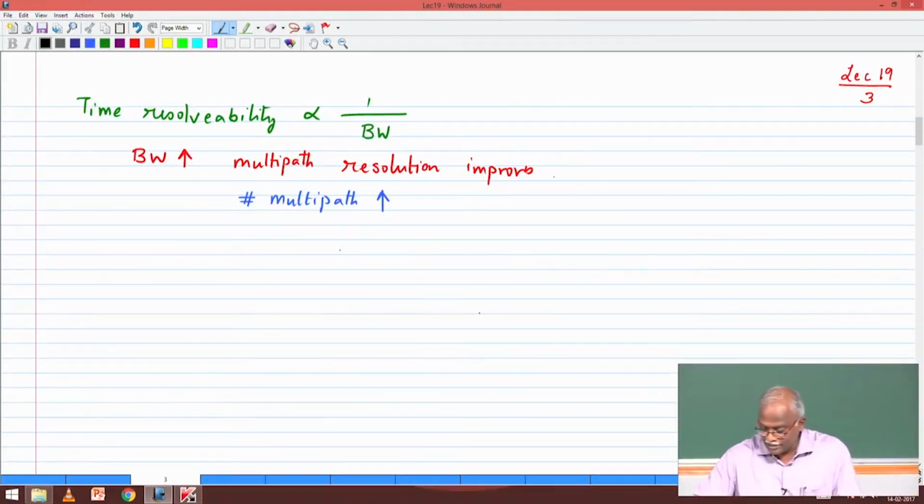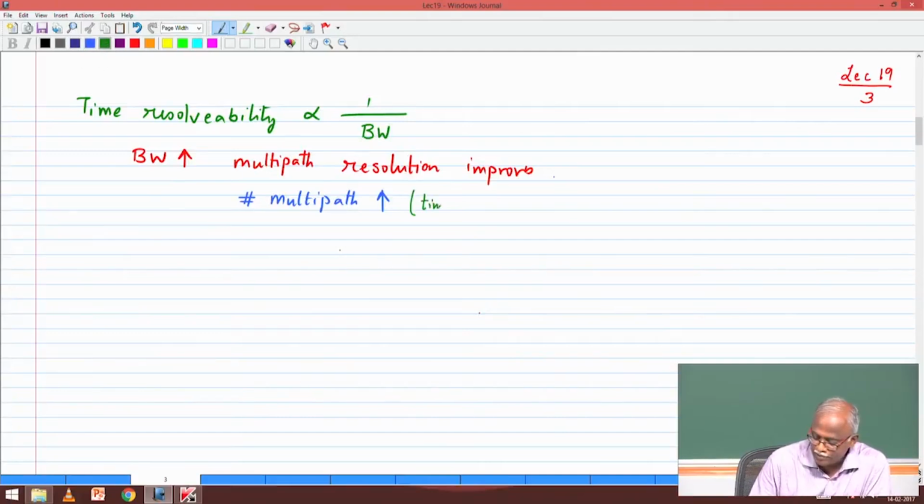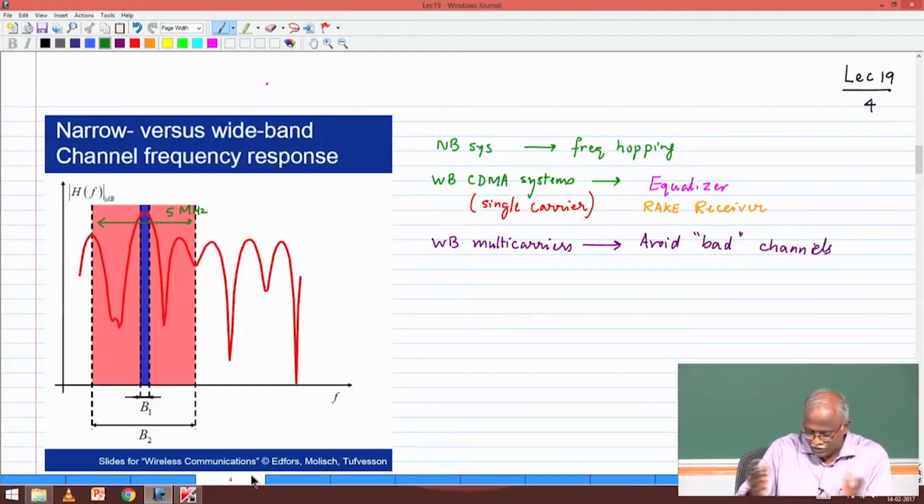Because of this, it looks like more multipath components can be differentiated in terms of their times of arrival. So you can tell that they are distinct multipath components. A lot of it depends on the bandwidth of the signal.